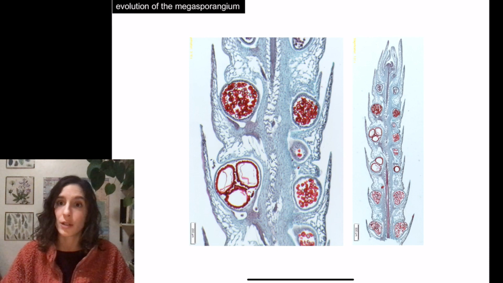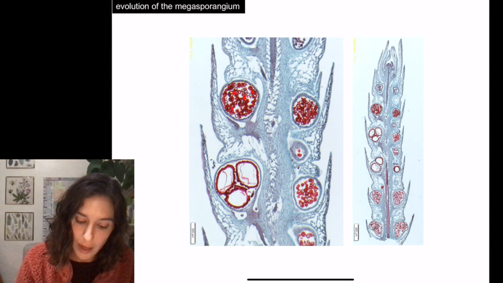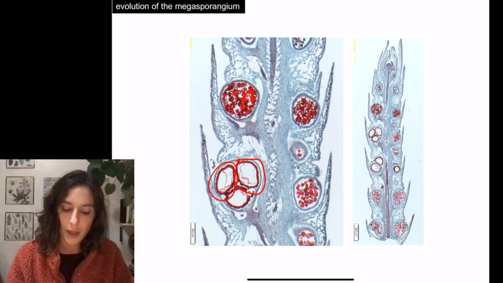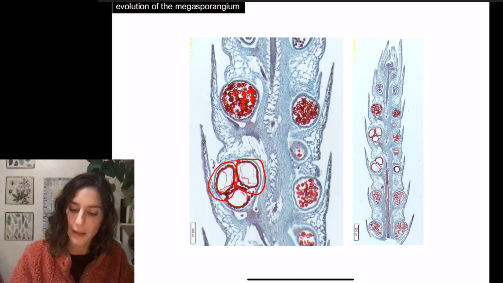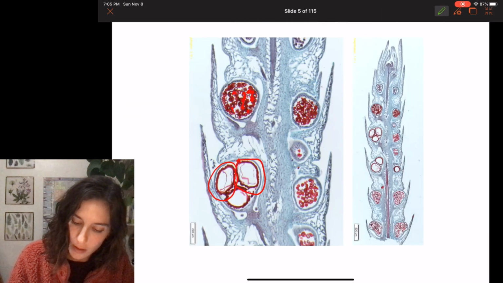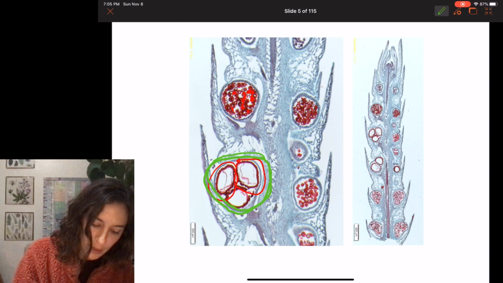So remember, in Selaginella, we had these 2 different types of spores, and we had these microspores up here, and then we had these sort of larger megaspores. And remember that in Selaginella, these megaspores are just released from the megasporangium. So maybe in this picture, the megasporangium is this whole kind of structure right here.